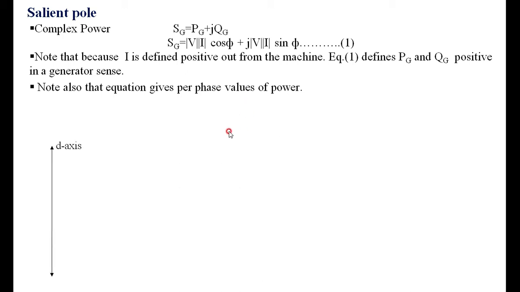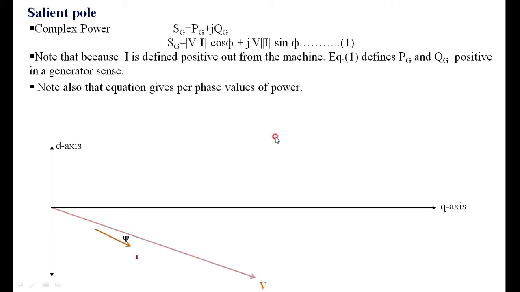We know that in the case of a salient pole machine, or the two reaction theory, we have two axes, the d axis and the q axis. Then I am arbitrarily choosing the voltage V and considering a lagging power factor. I draw the vector I lagging V by an angle of phi.